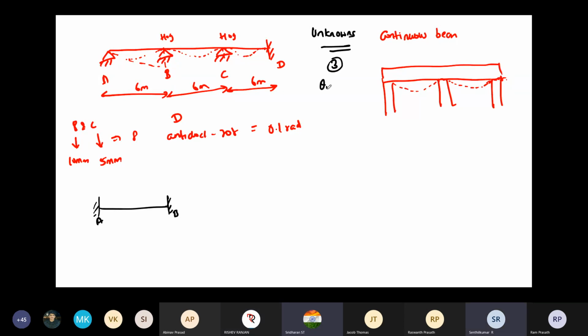Good. Theta A, theta B, and theta C. Theta D is 0, but because of the support, it is already going to rotate 0.1. That value is also given. So generally, all other values are 0. No deflection, nothing going to be there. So only rotations are unknowns now.